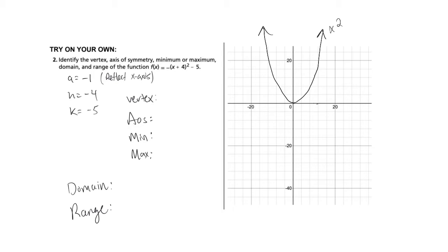Now, our vertex, it's h comma k, so -4, -5. So I think these go by 4s. Yep, 4, 8, 12, they go by 4. So -4 and then -5 would be right here.